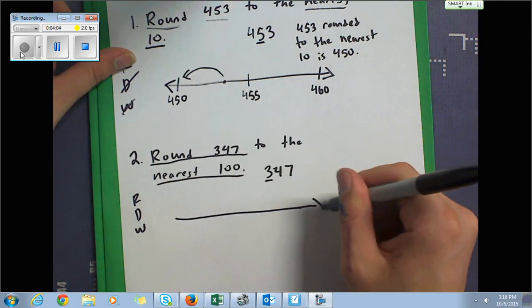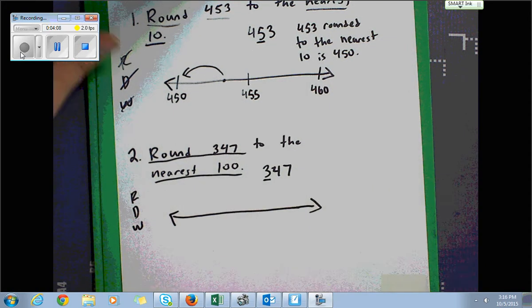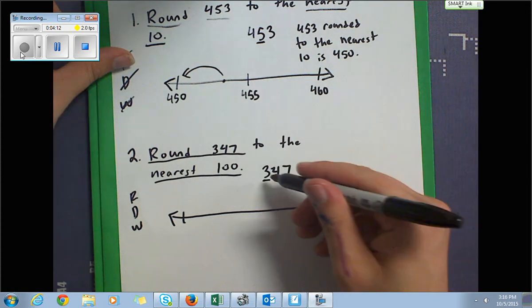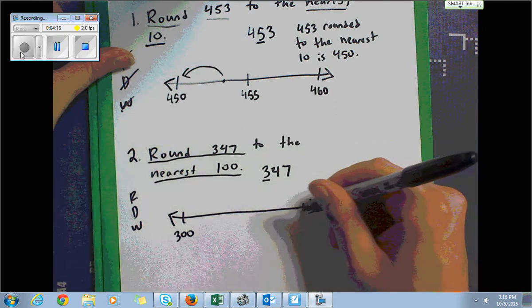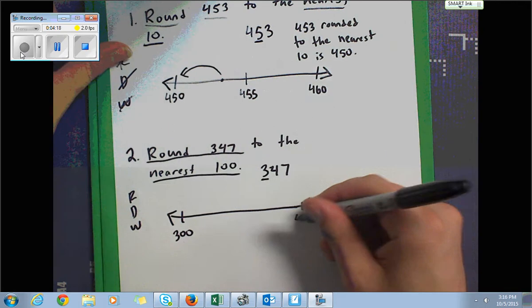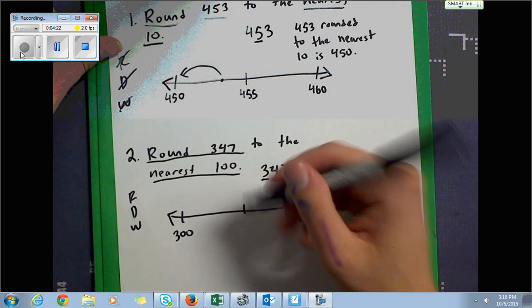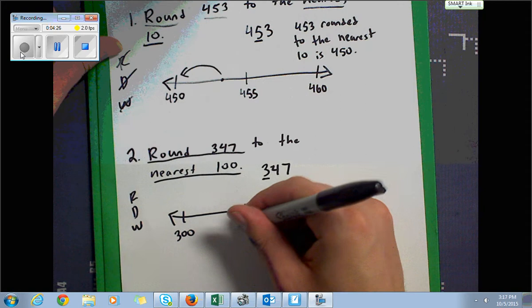So when you do this, you have to think, if I round down, where do I go? If I round up, where would I go? Well, if I round this down to the nearest 100, the closest 100 to 347 is going to be 300. If I were to round it up, the next 100 would be 400. My midpoint, right in the middle, because I'm counting by tens, will be 350.